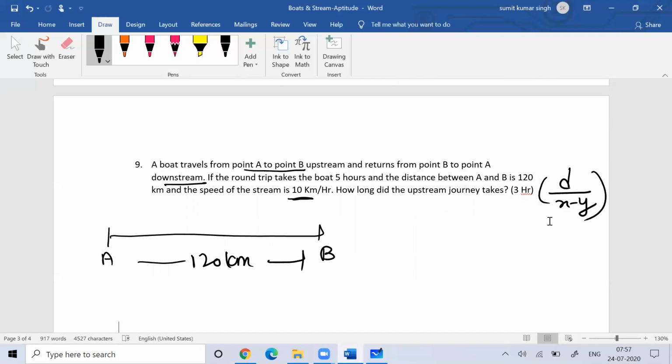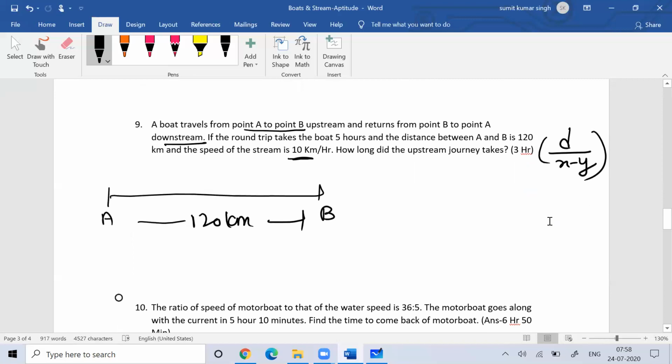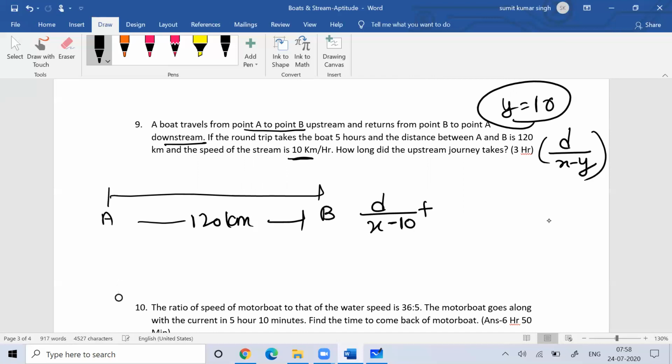So the total distance is 120 and y is given to you as 10. So d by x minus y, d is already given, so take 120 by x minus 10 plus 120 by x plus 10.